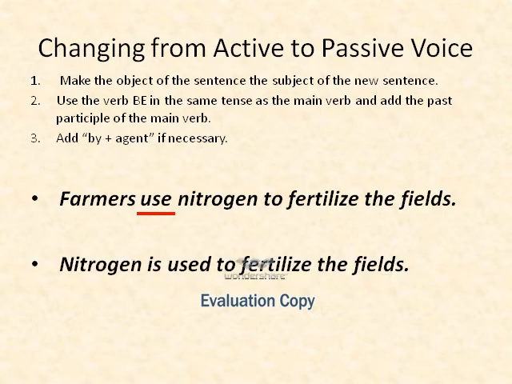Nitrogen is used to fertilize the fields. There's be in the simple present tense and the past participle, used. Don't be confused with the ed on used. That isn't past time, that's the past participle. In the passive sentence, it's the verb be, or is in this case, that tells us that it's the passive voice.